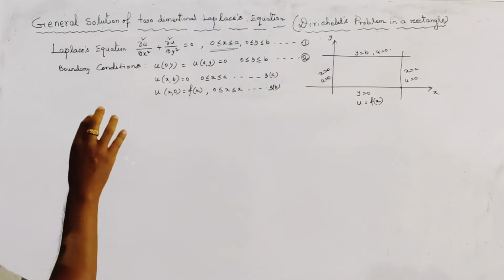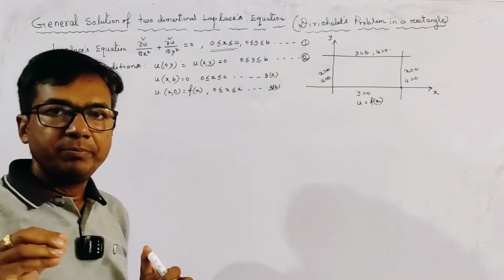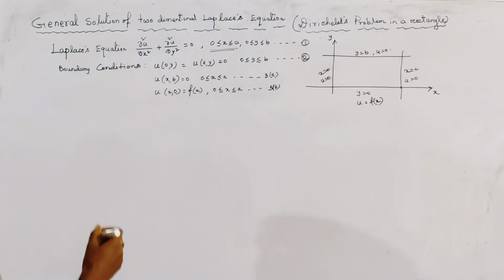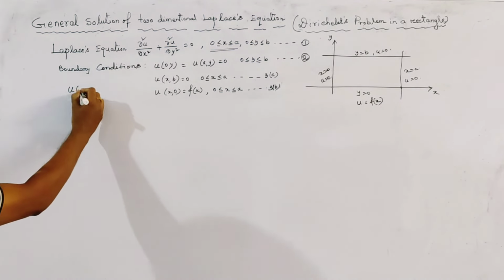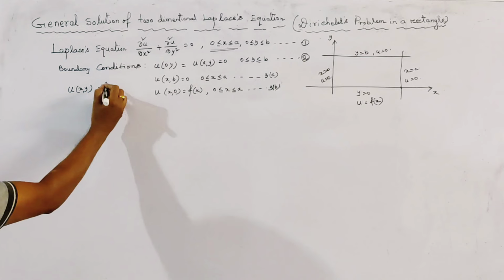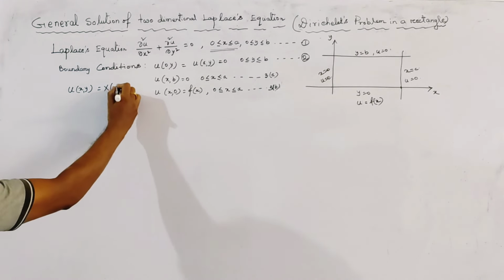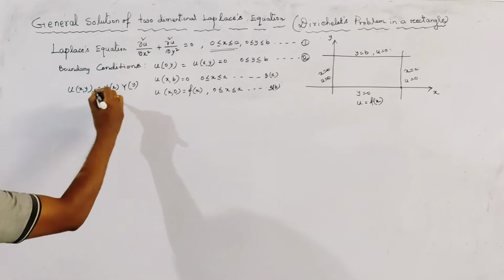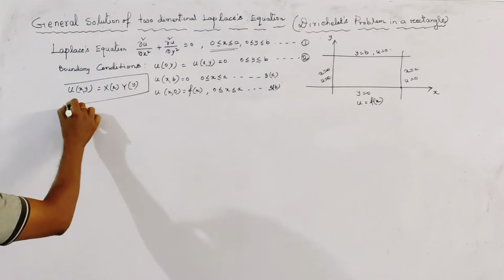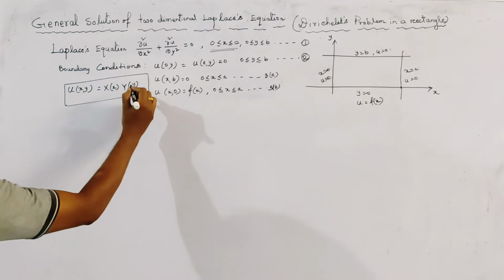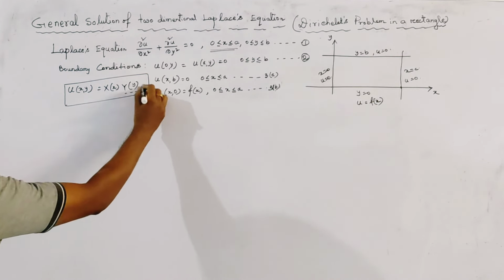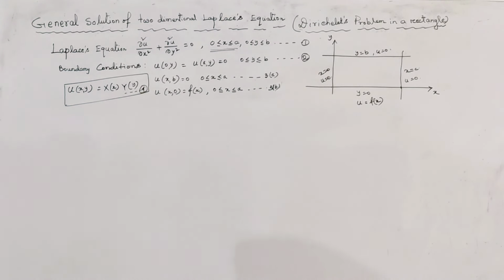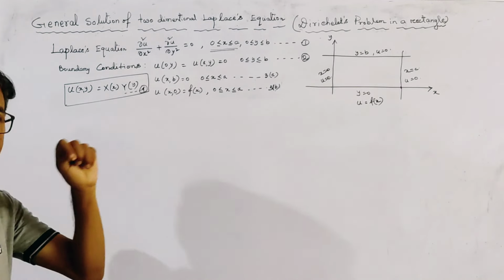Now to solve this problem by separation of variables, we first let u(x, y) = X(x)Y(y). We separate the variables x and y, and this is relation number 4. Now we differentiate partially with respect to x two times and with respect to y two times.